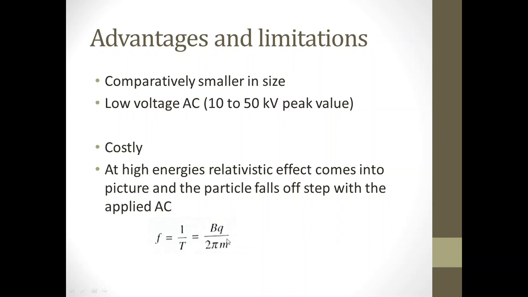The other way around, as m starts increasing, f starts decreasing, so we can keep on decreasing the frequency of the externally applied AC. So these are two ways in which the limitations of a cyclotron can be removed, and these two ways are used to design some other accelerators in which this limitation of the cyclotron is removed.